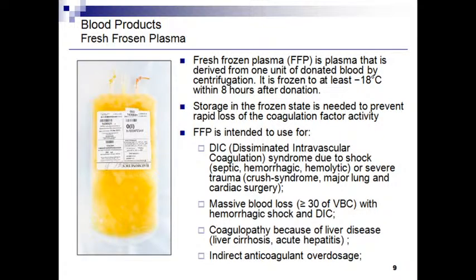After thawing of the plasma portion, we can use the liquid, thawed plasma at 36 degrees Celsius. We can use the plasma for treatment of hypocoagulative states and for treatment of bleeding. The first indication for FFP is DIC, disseminated intravascular coagulation syndrome.